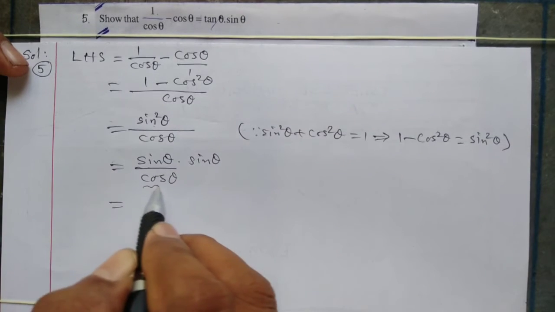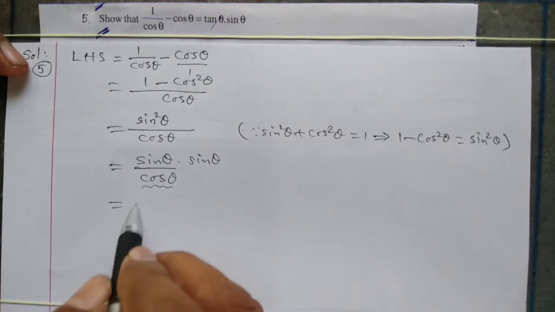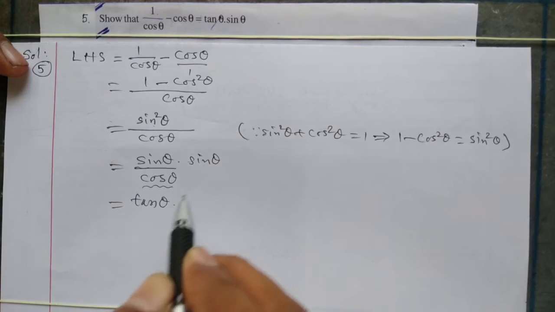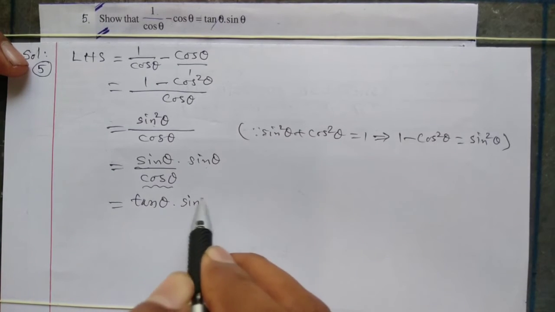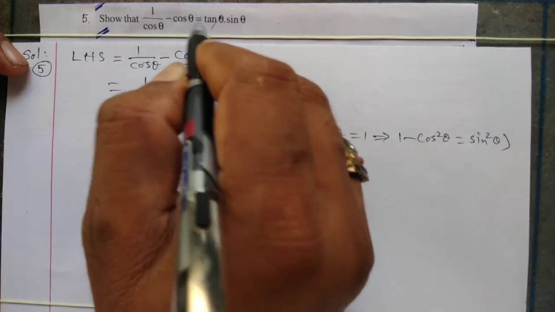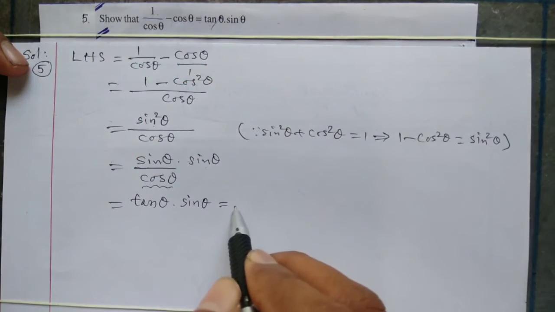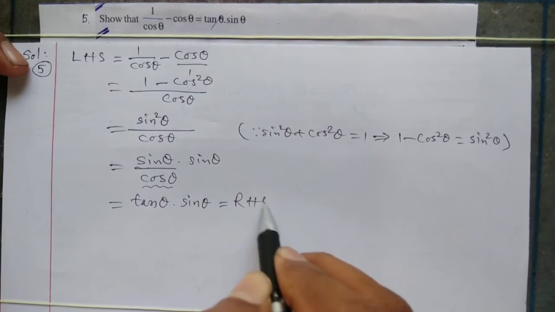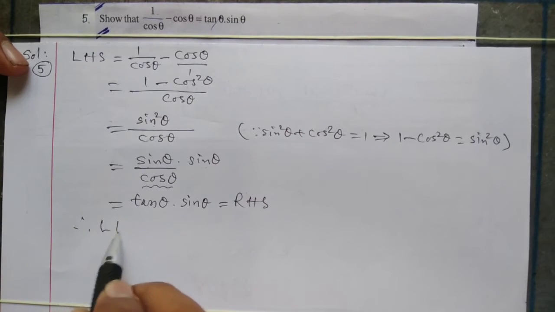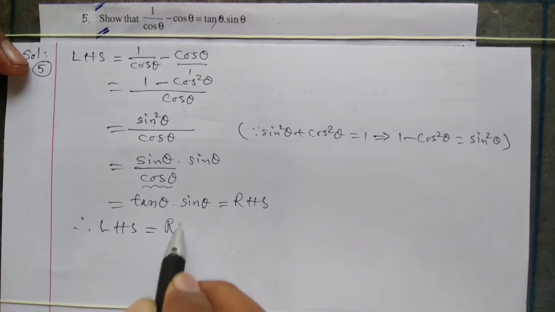We know sin theta by cos theta is tan theta, so we got tan theta sin theta, which is equal to RHS. Therefore LHS is equal to RHS.